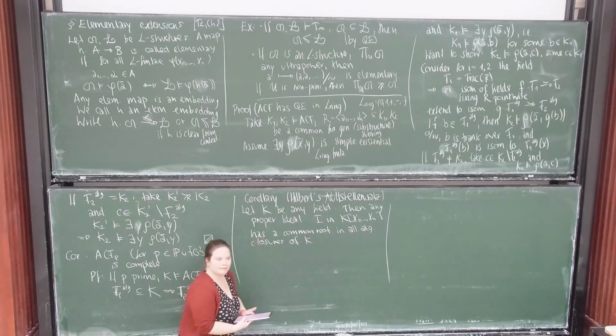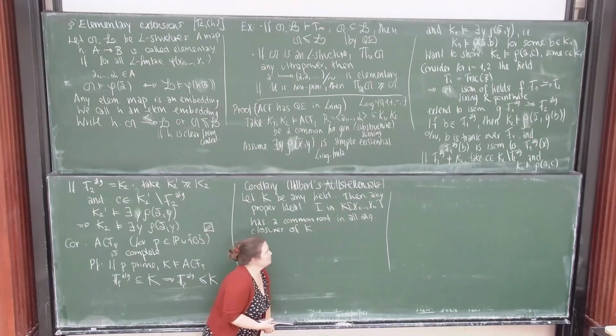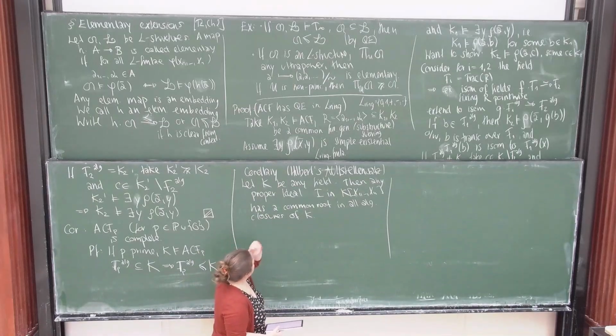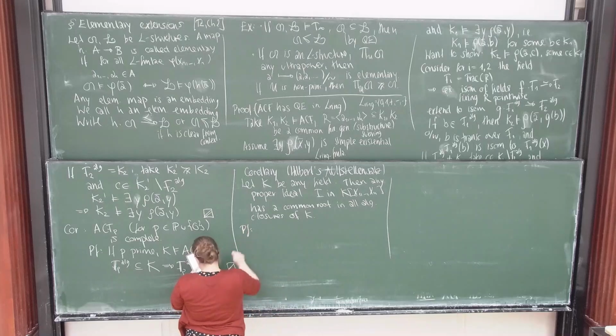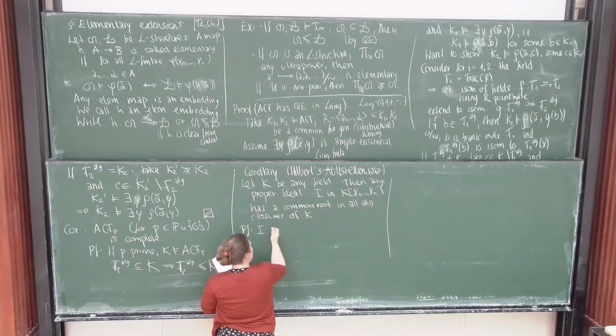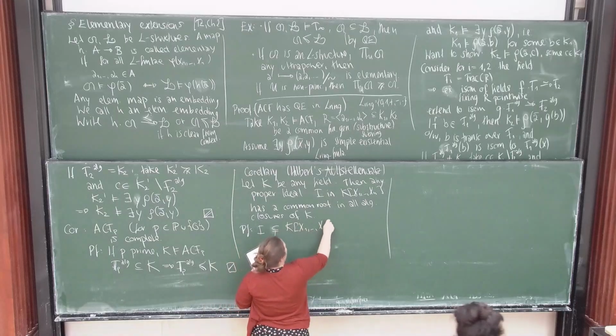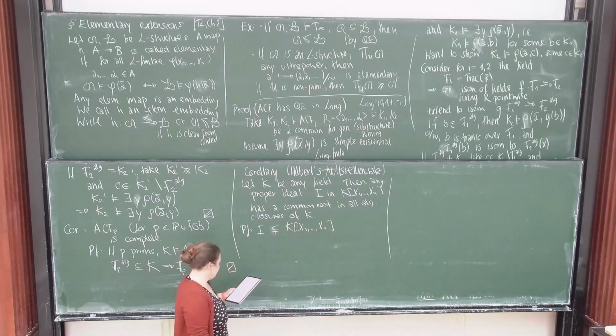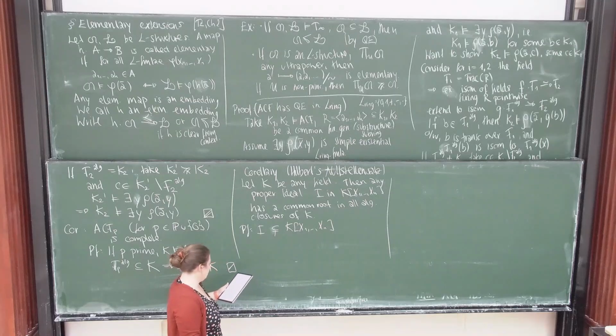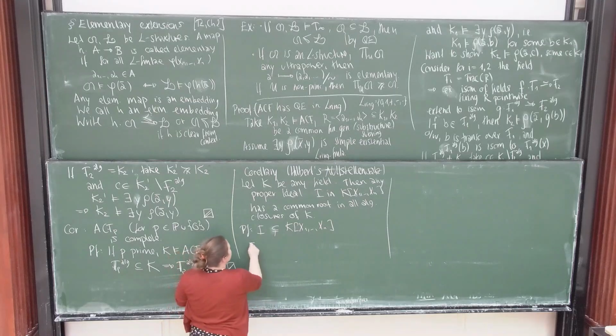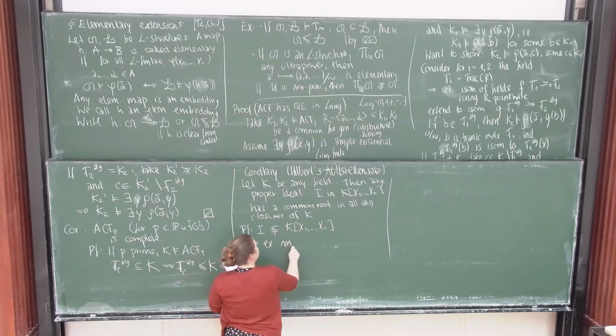So let's try. A proper ideal, of course, just means I is a proper subset of K[x1 up to xn]. So if it's a proper ideal, then it's contained in a maximal ideal.